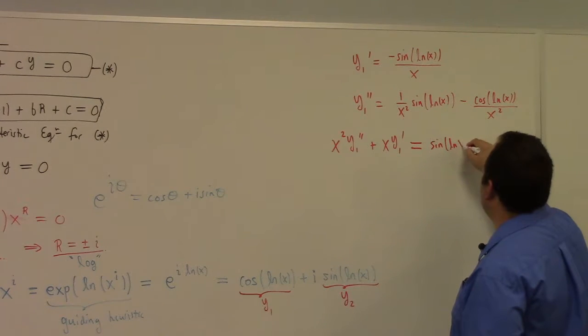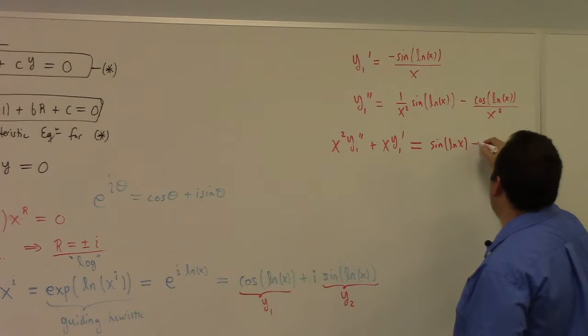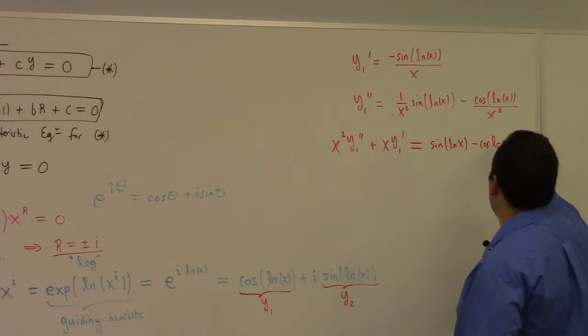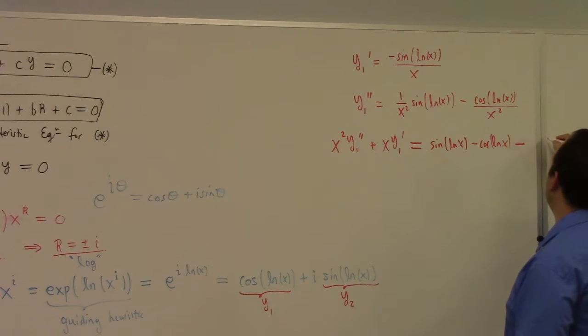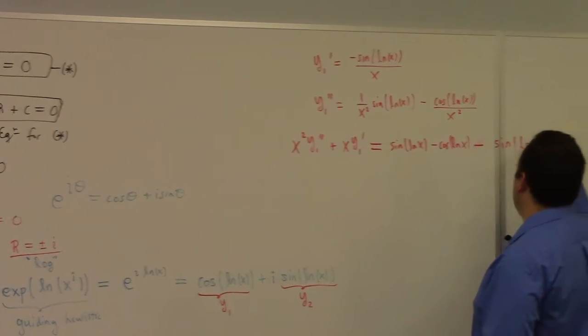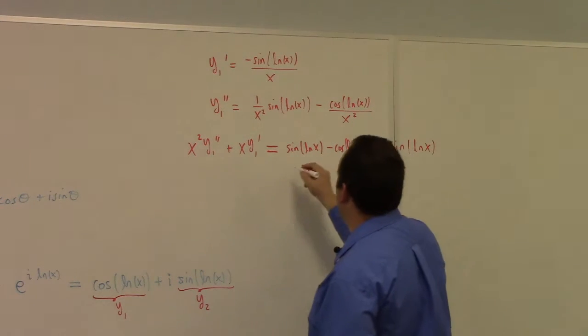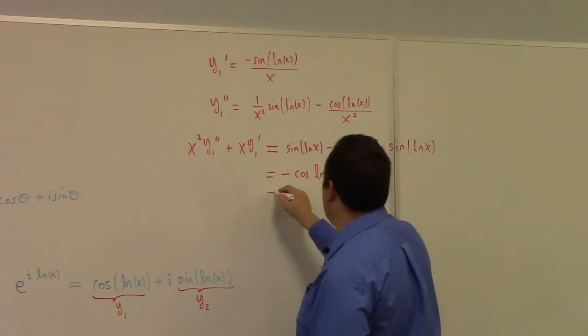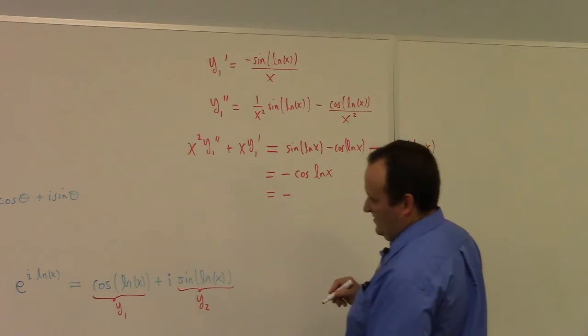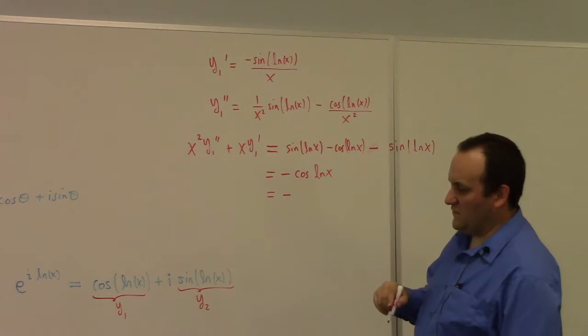That's sine log x minus cosine log x plus, let's see here, x y1 prime, minus sine log x, right? So the sines cancel, and you're left with minus cosine log x, which is what? y1 was cosine log x, right?